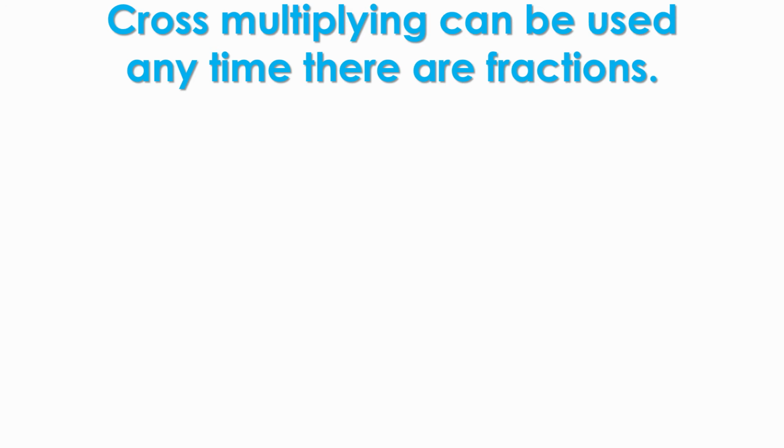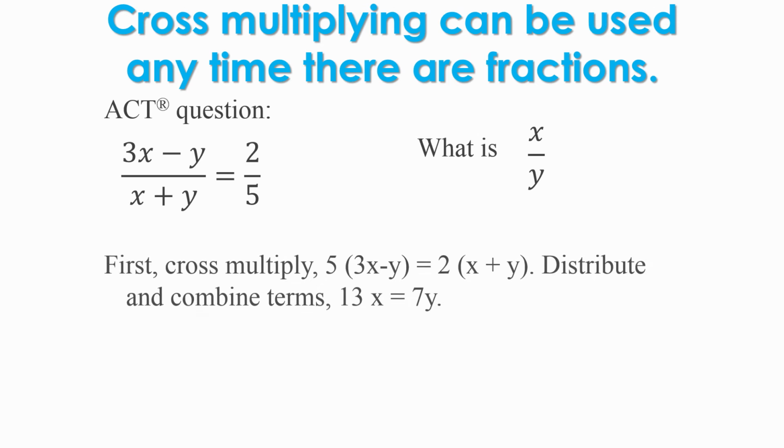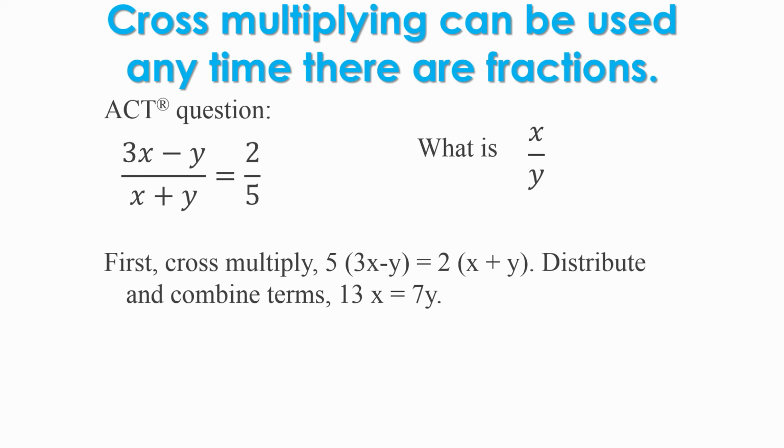The technique of cross-multiplying can also be used any time that there are fractions, regardless of what the fractions look like. Here's question 41 from a recent test. Well, whenever you see this form, two fractions put equal to each other, cross-multiply.